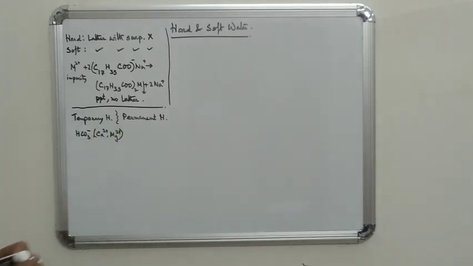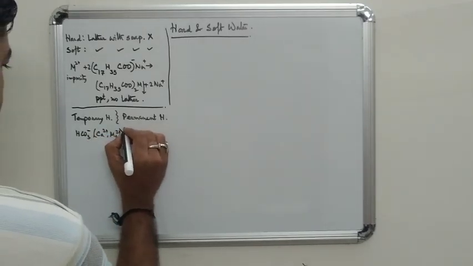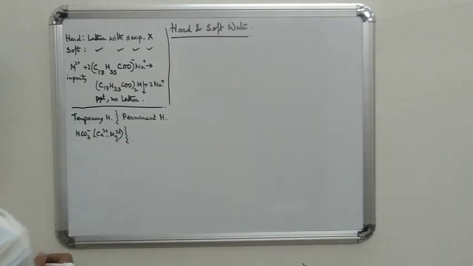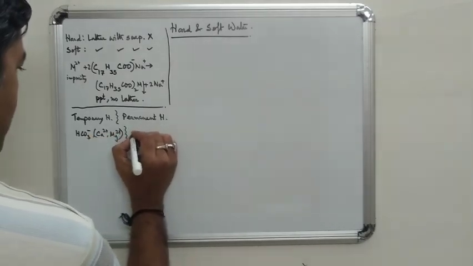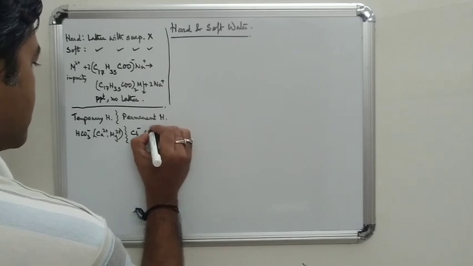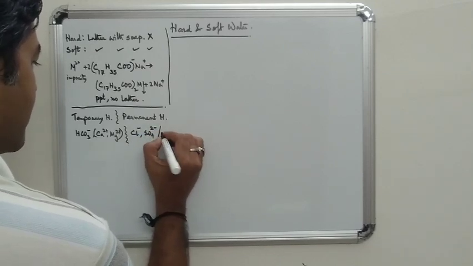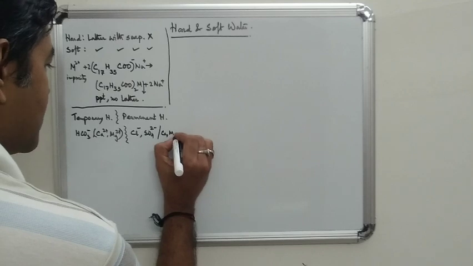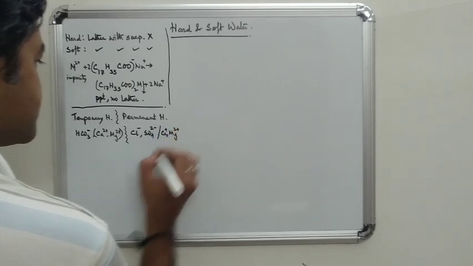Whereas permanent hardness is caused mainly by the chloride and sulfate ions of calcium and magnesium.